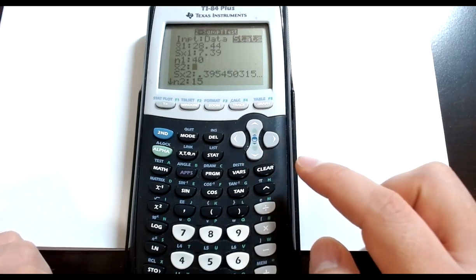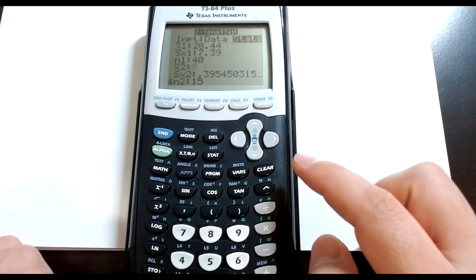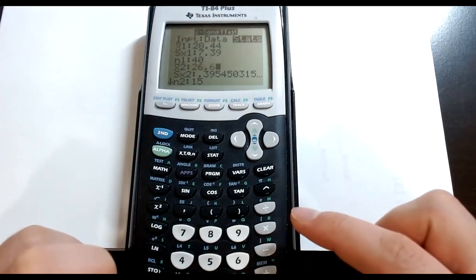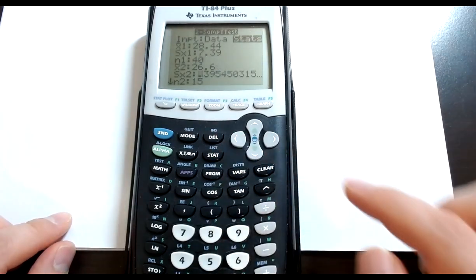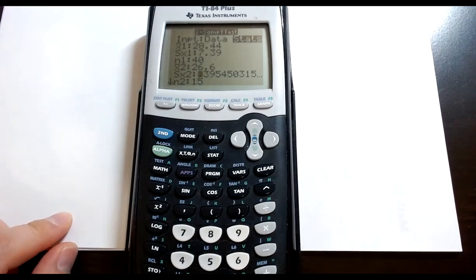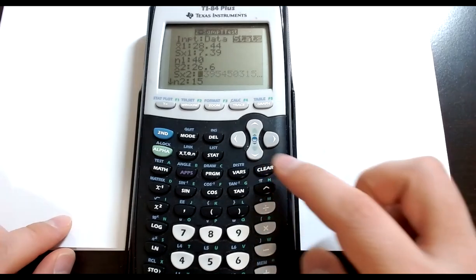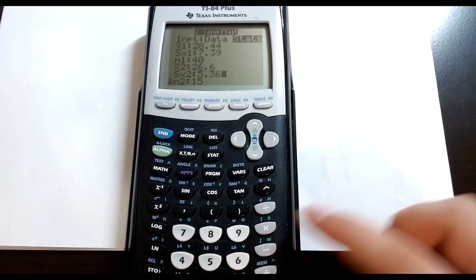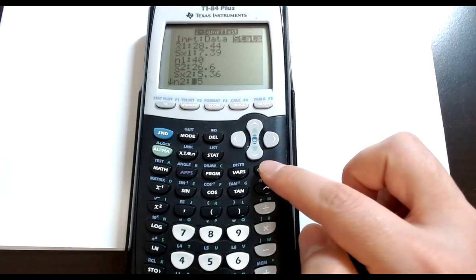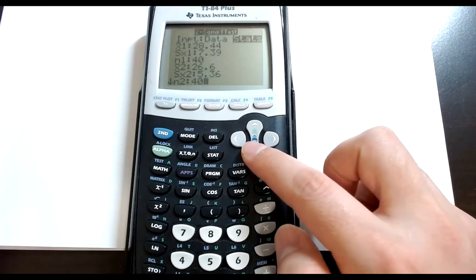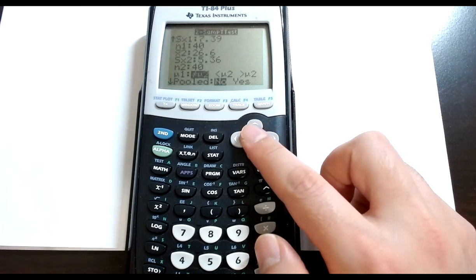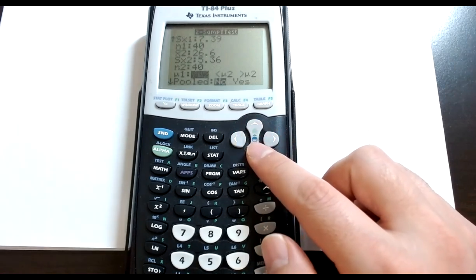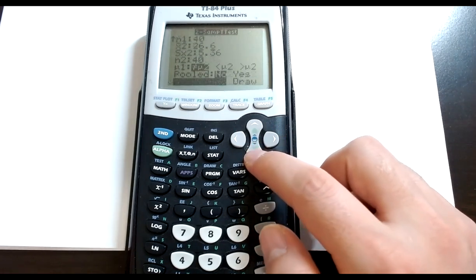And then x2 bar is 26.60. And then the standard deviation is 5.36. And n2, that's 40. Okay. And then H1, I mean, the alternative hypothesis is mu1 is not equal to mu2. And the pooled, no. Okay, then we calculate.